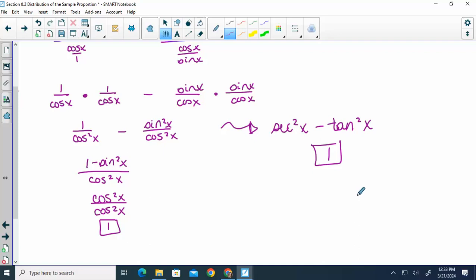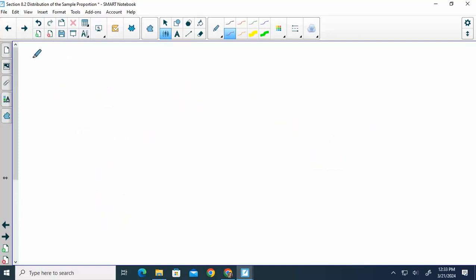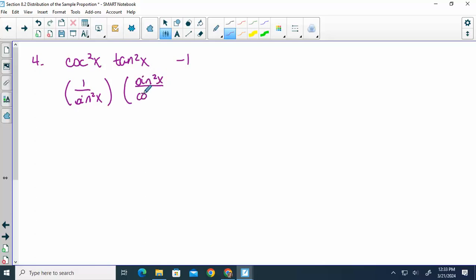All right, number 4. Okay. All right, let's go to sines and cosines. What is cosecant? What is tangent? If you have sine on top and bottom, what happens?